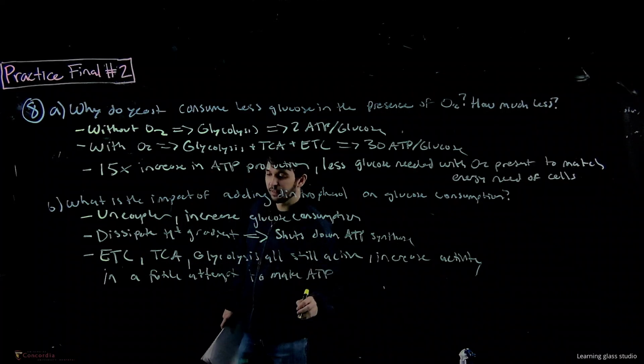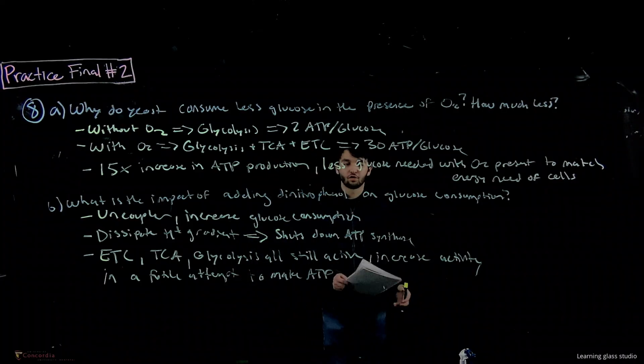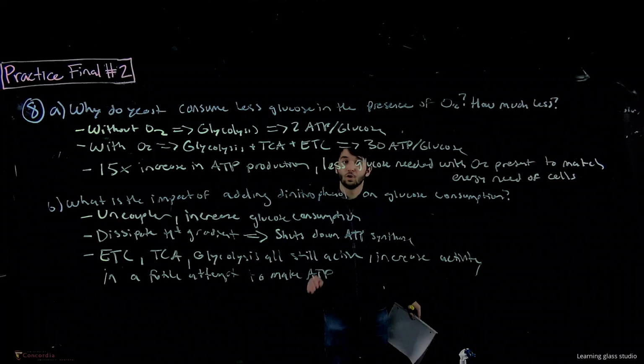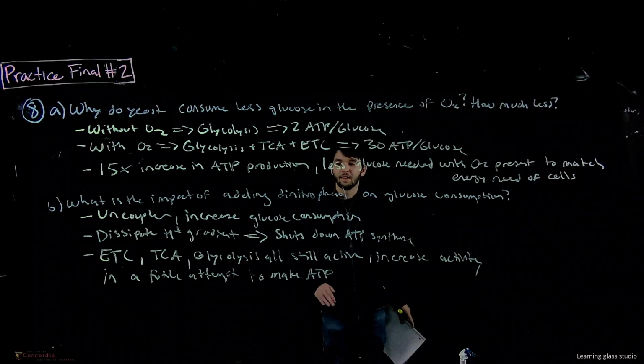So what do I mean by this? The cell is just detecting low ATP levels. And what do low ATP levels do? They signal the activation of the TCA and glycolysis. A lot of NADH is being made.